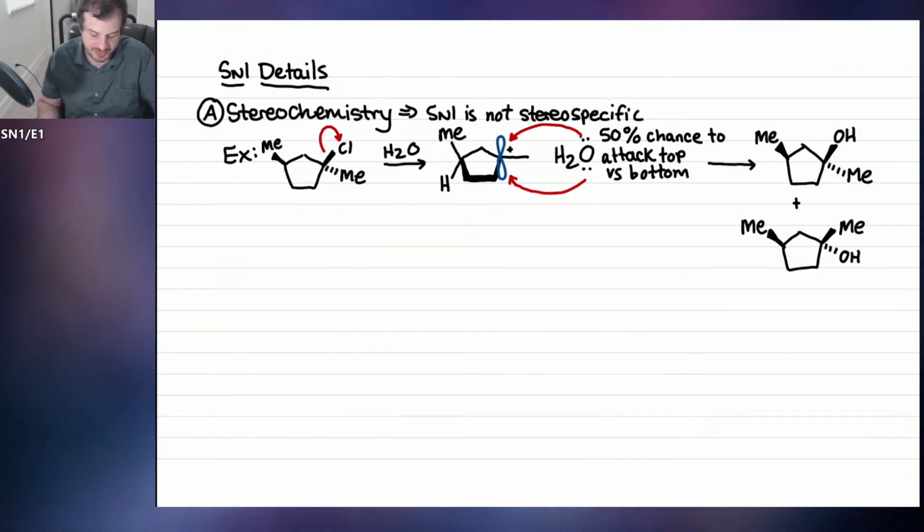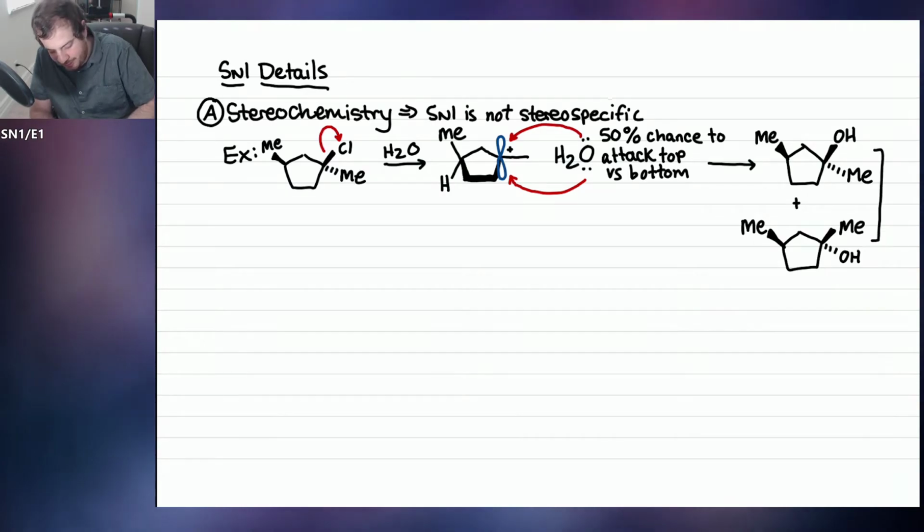So can you see how the stereochemistry on the right carbon is randomized after the SN1 reaction? By the way, when you get a 50-50 randomization of the position, there's a special word for that. It's called racemization.